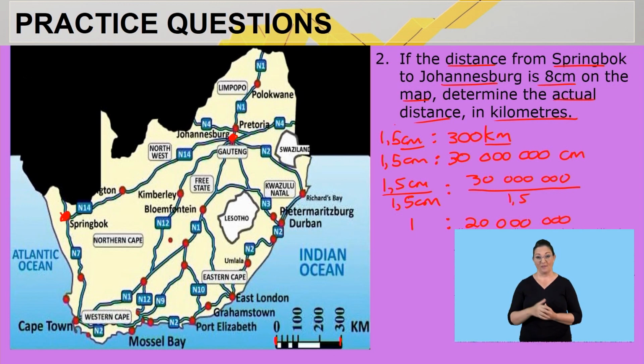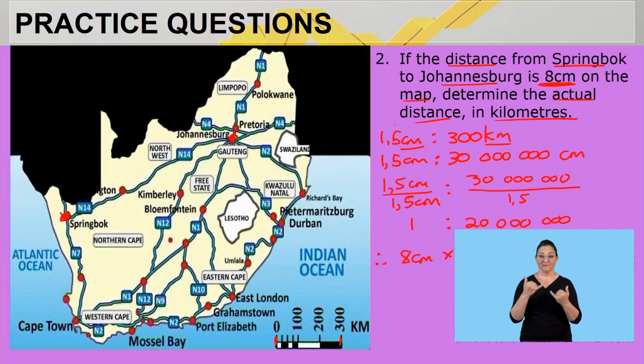So what needs to happen now? Now I know what the scale is. So I will take the distance on the map, the 8 centimeters, and multiply by the scale. So 8 centimeters multiplied by the scale of 20 million. And then I'll do it in one step: I'll divide this by 100,000. Why?